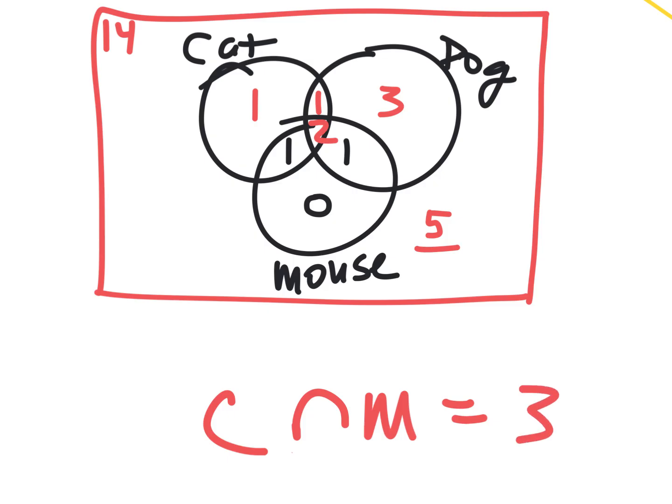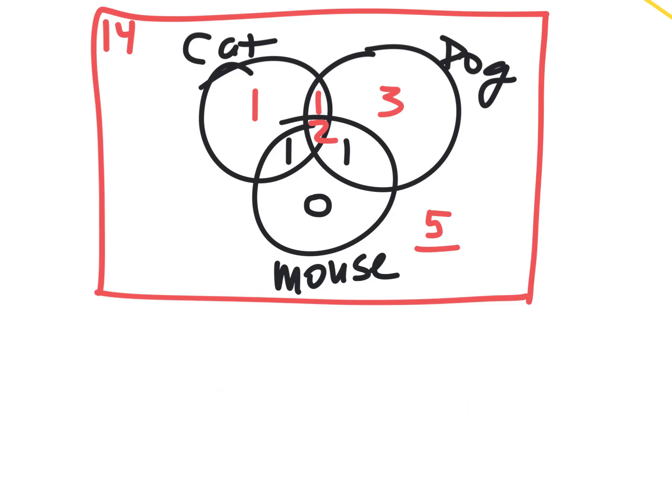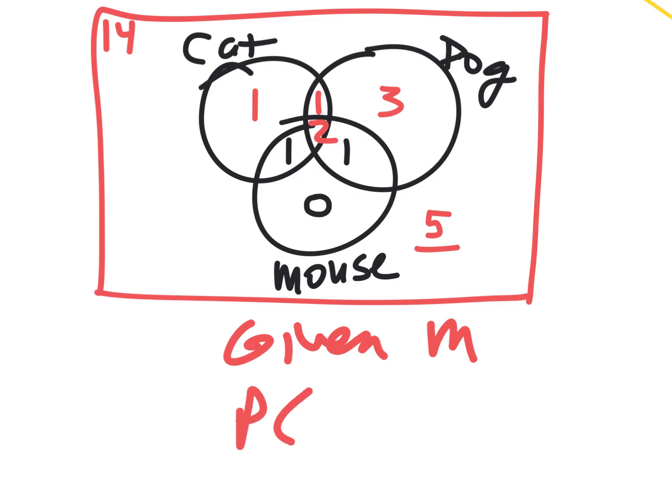Okay, and then we get into the conditional kind. Given blah, blah, blah. Now you might be like, we never divided by anything because they weren't probabilities before. So, given mouse, what's the probability of not dog? Given mouse, probability of not dog.